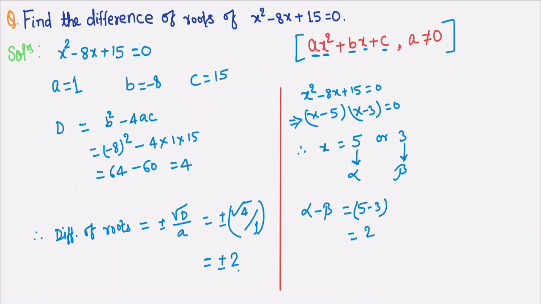But suppose there is another person solving this problem who assumes this 5 as beta and this as alpha. Then in that case, alpha minus beta will be 3 minus 5, which gives minus 2. So there are both possibilities of getting positive as well as negative. That's why I have put the plus and minus sign here.